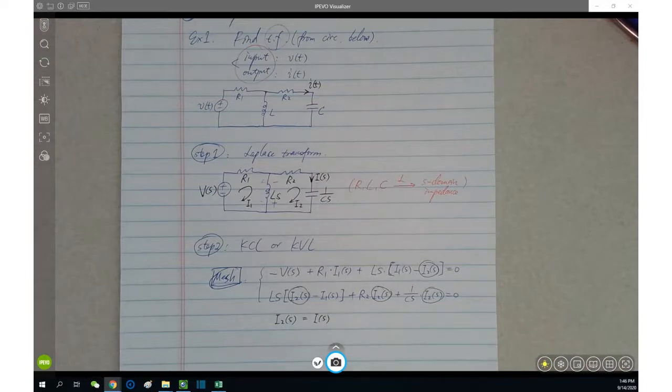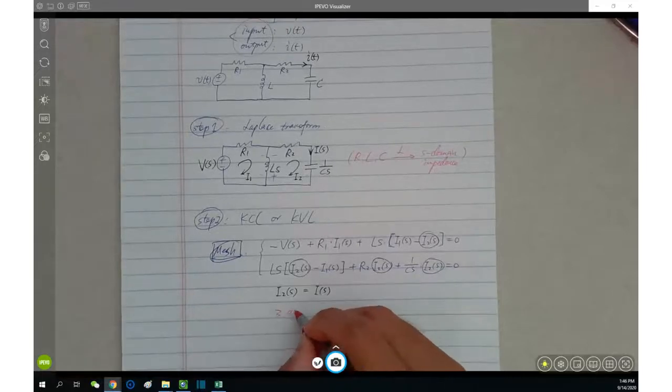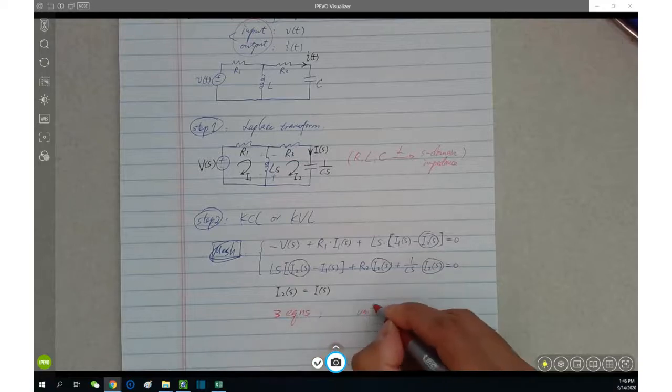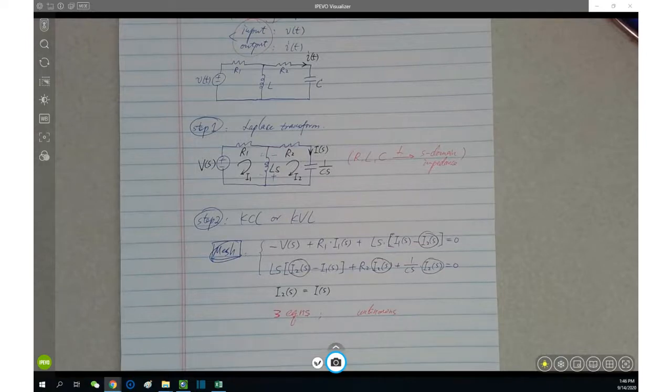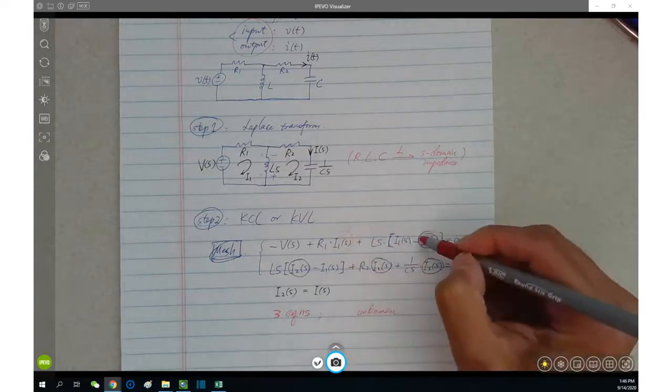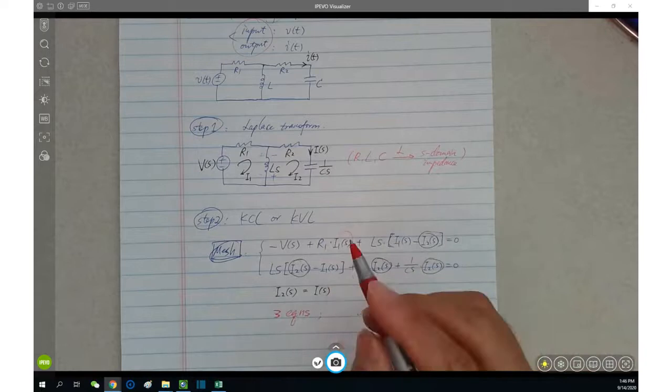There are 2 unknowns, because I1 and I2 are the unknowns in these equations. Yes, I1, I2. We're given what the source voltage is, I'm assuming, because that's an input, right?